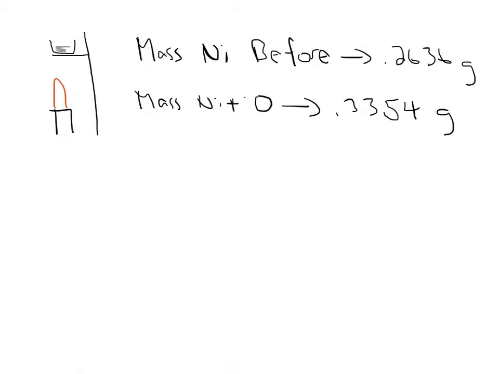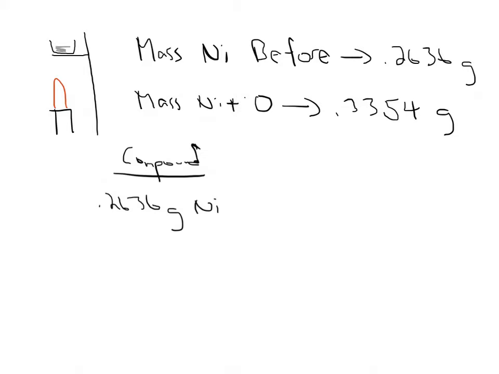So to figure out the formula, we first can find the empirical formula. To do that, we're going to need to know how much nickel and how much oxygen are present. In our compound, we know that there is 0.2636 grams of nickel.